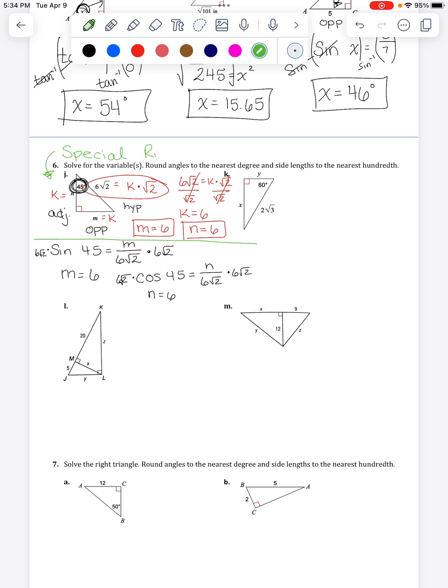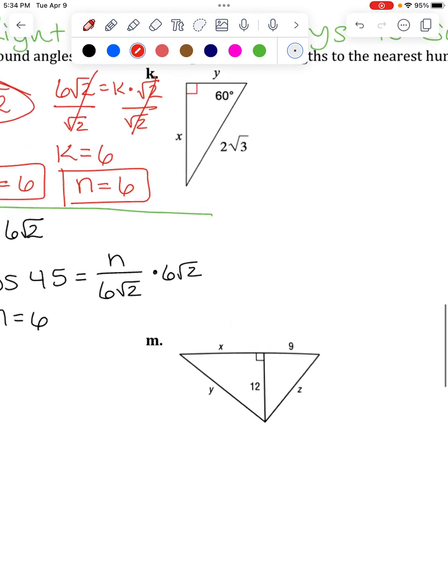Special rights have two ways to solve now. Either is fine.